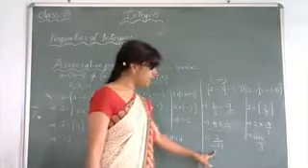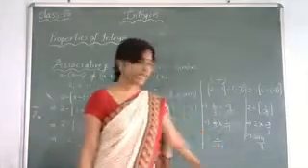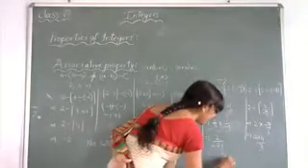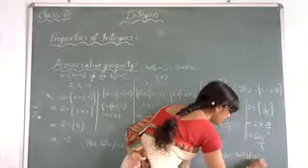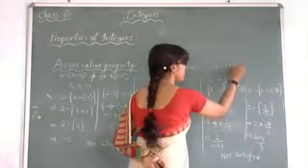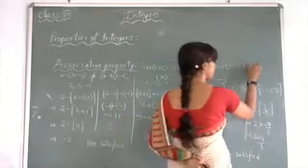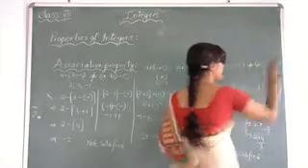Under division, LHS is not equal to RHS. The associative property is not satisfied under division. So what is the general form? A divided by B divided by C is not equal to A divided by B divided by C.